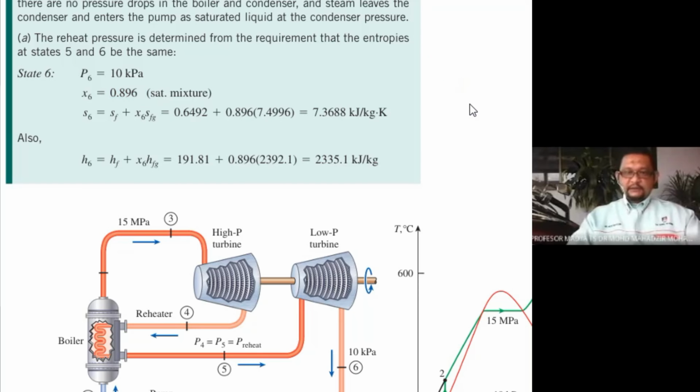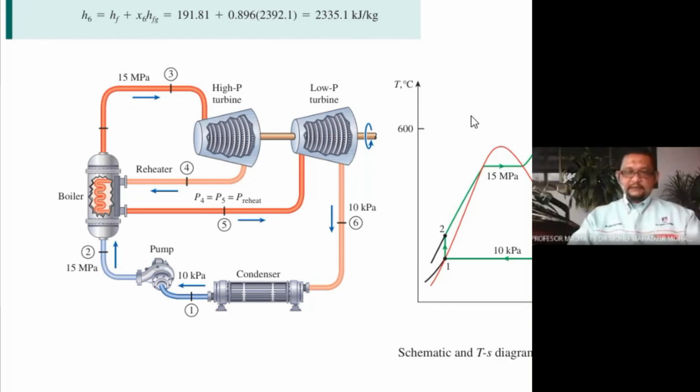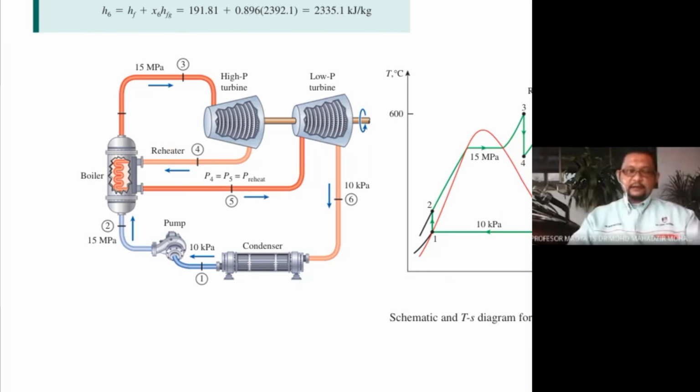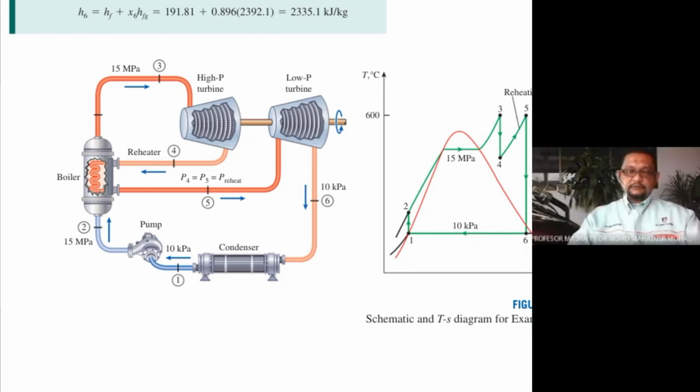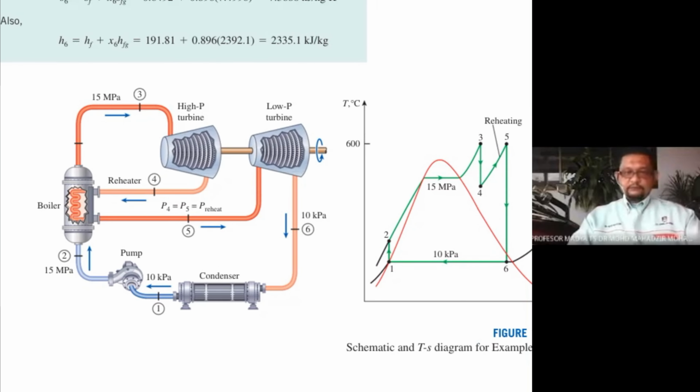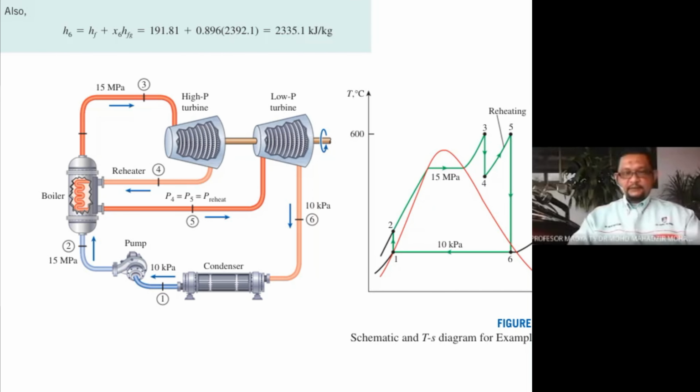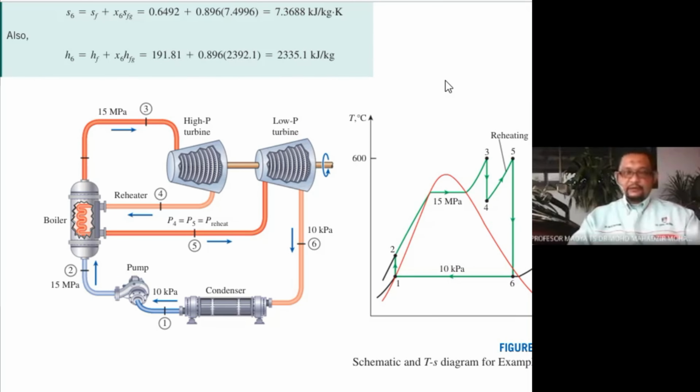Because state number 6 is in the mixture region, to find the entropy, remember when I said that when the case is in the mixture region, you have to use the equation that has the conditions of vapor and also of liquid. Two conditions in one equation.